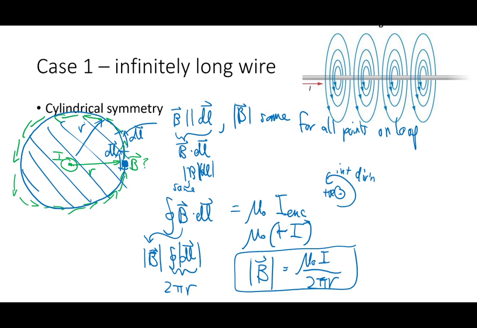We did outside the wire, but if you now have a wire that's kind of big and fat, even though the current is all going out, you can think of the current being distributed throughout the wire. I'm going to stop drawing circles. You've got the current coming out, but now you're looking for the magnetic field at a point inside, right there. What is the magnetic field?